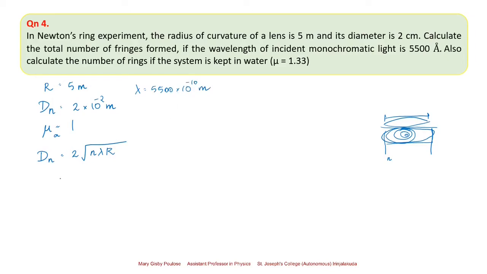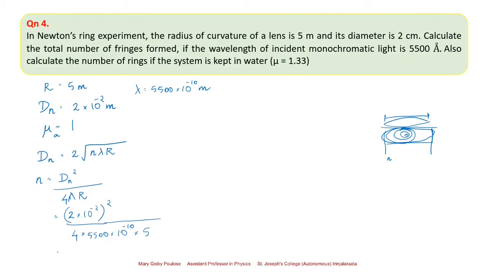Let us first isolate n. We get n is equal to dn square divided by 4 lambda r. Substituting values, we get 2 into 10 raised to minus 2 the whole square divided by 4 into 5500 into 10 raised to minus 10 into 5.